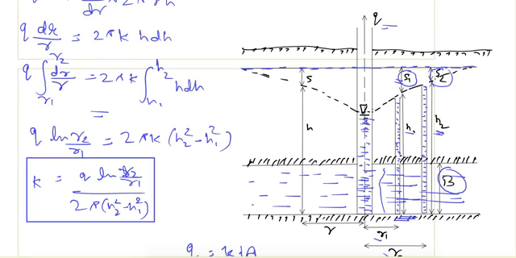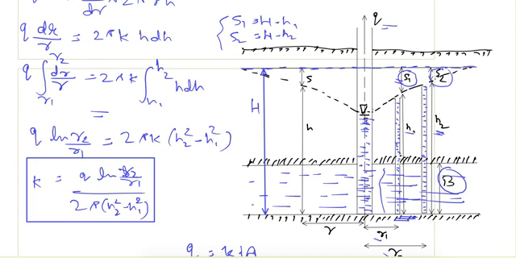In that case, the initial piezometric level will be given. Let's say it is H, so S1 can be written as H minus h1, and similarly S2 can be written as H minus h2.